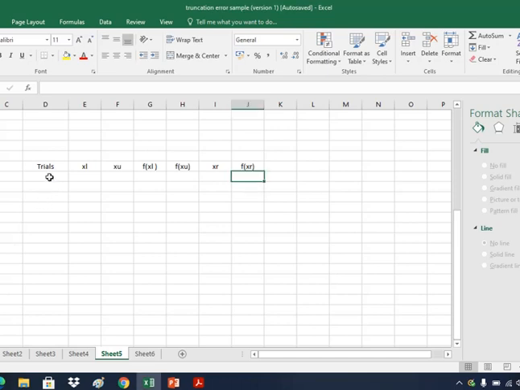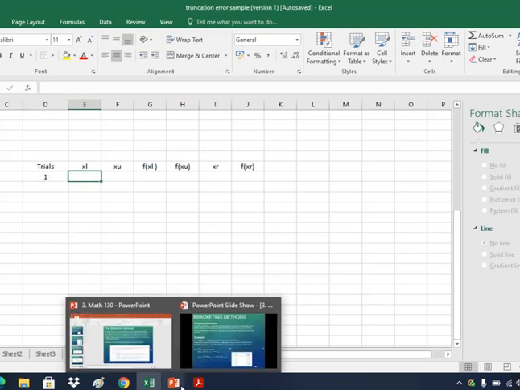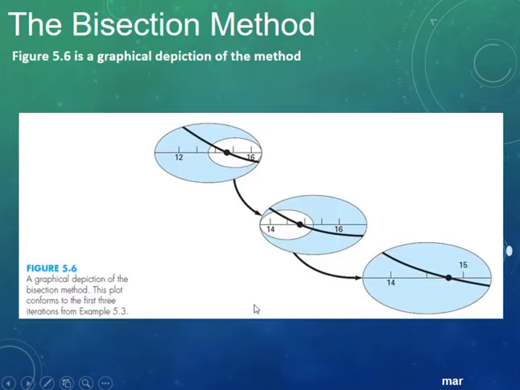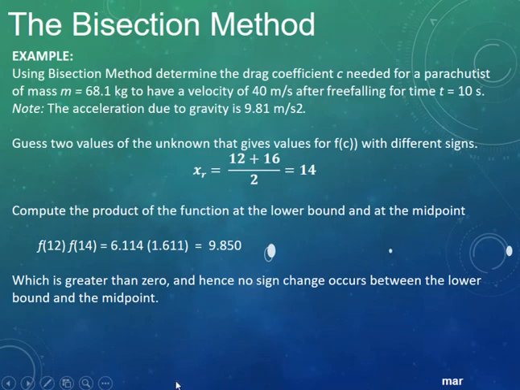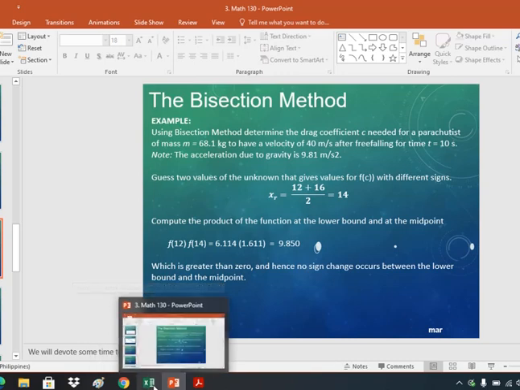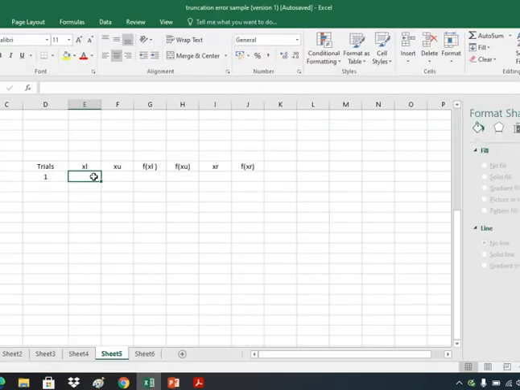So for the first, the first estimate of the lower bound in the problem is 12. So the lower bound is 12 and the upper bound is 16. Okay, how will we compute for the value of f of XL?